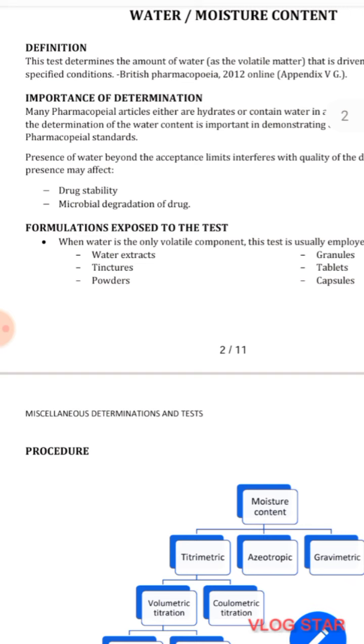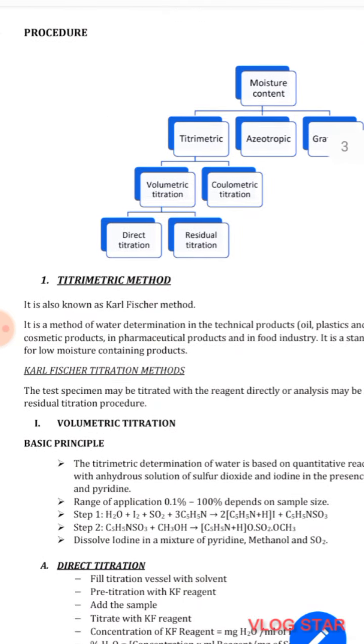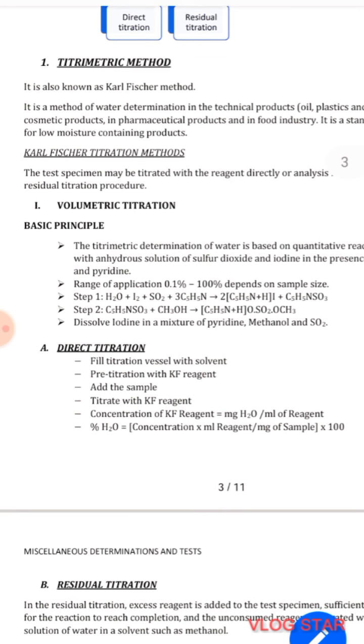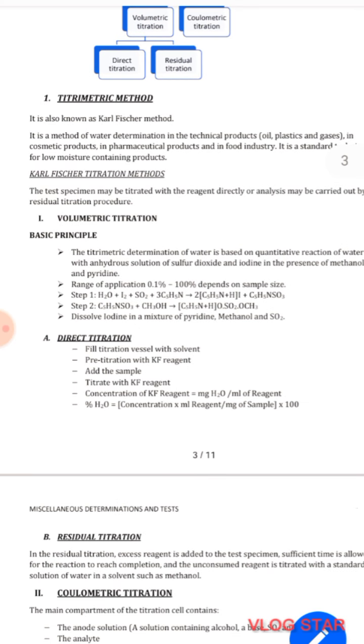In this process, I will teach you in a very short manner, because we have less time. Here we do titration. Titration is the process in which through a known liquid we can find out the unknown liquid.